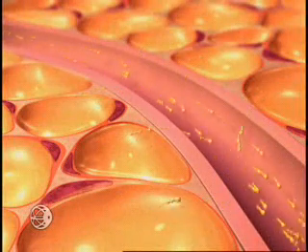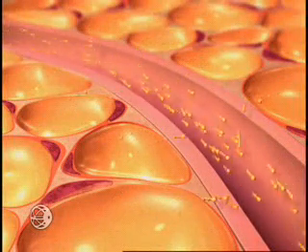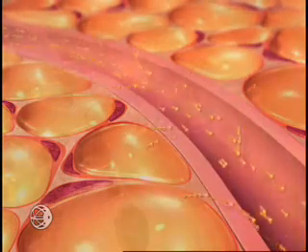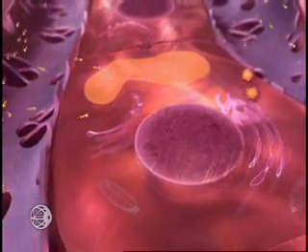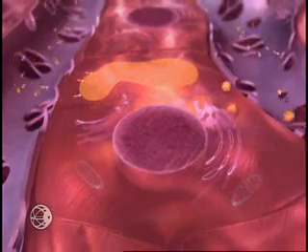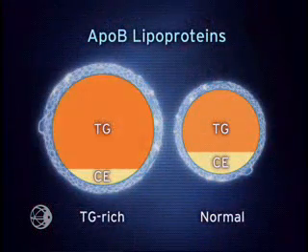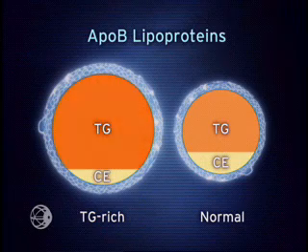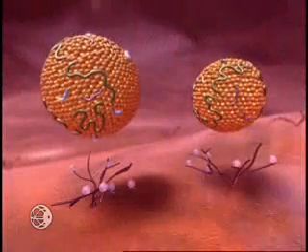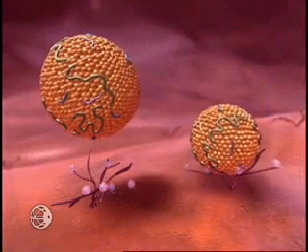Abdominal obesity is associated with release of free fatty acids from metabolically active adipocytes. The excess fatty acids accumulate in the liver, leading to increased production of abnormally large triglyceride-rich VLDL. When compared to normal, triglyceride-rich VLDL have substantially more triglyceride in their core and an increase in ApoC3.